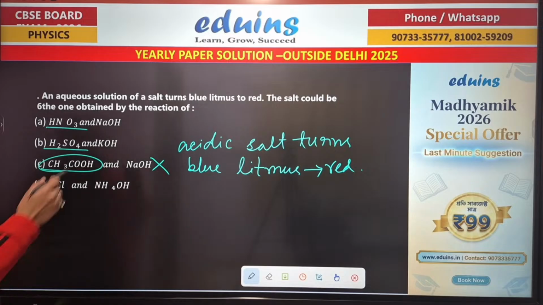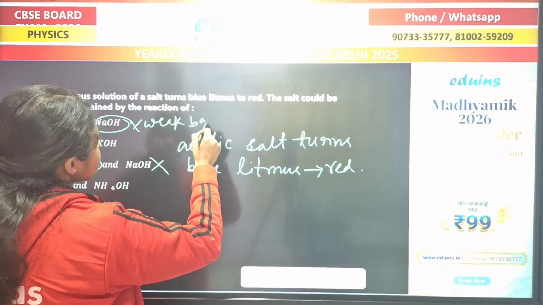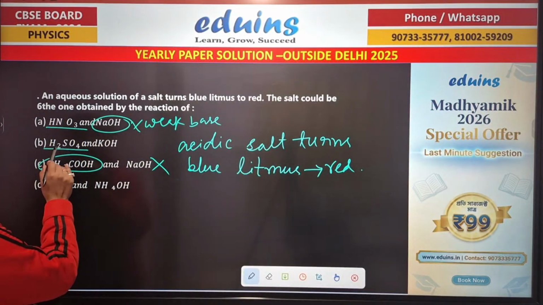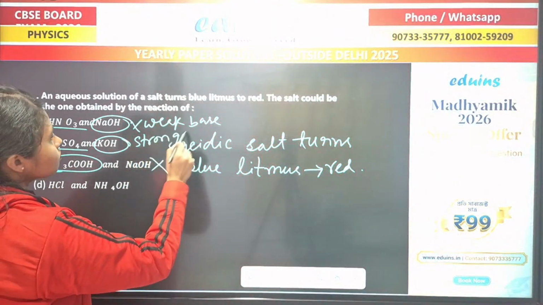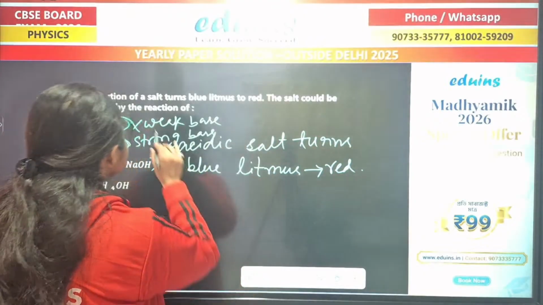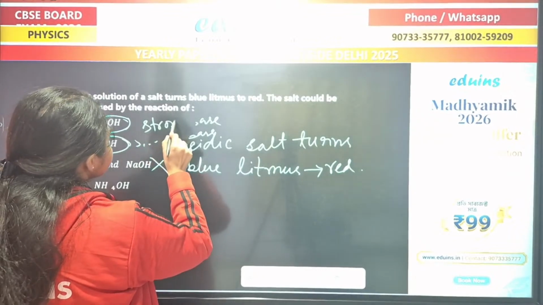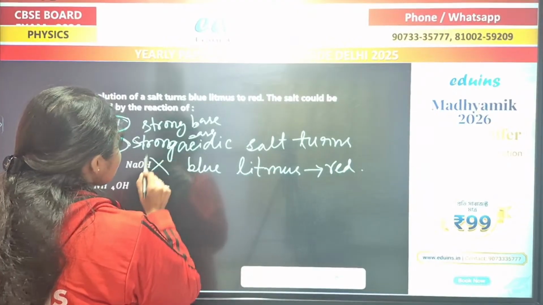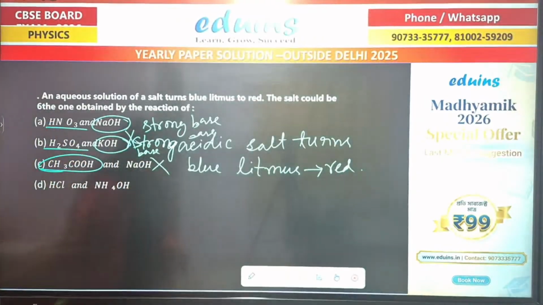Then, here NaOH is not a poor base or weak base. This is not a weak base. So, this is also nullified. And H2SO4 and KOH, this is also a strong base. So this is not the correct option.